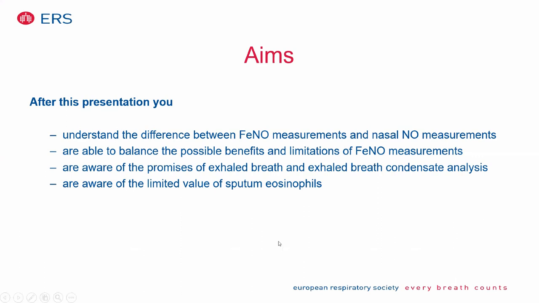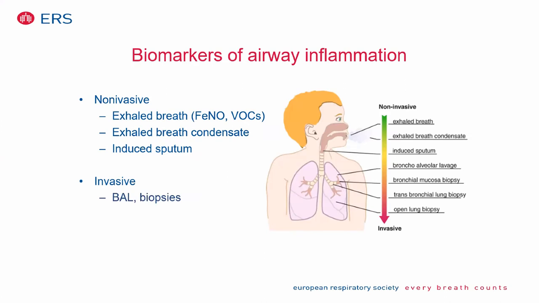I hope that after this presentation, you will especially remember the differences between FeNO measurements and nasal nitric oxide measurements, and that you know what the applications of FeNO measurements are. I would just very briefly tell something about exhaled breath condensate and also sputum eosinophils, because in everyday clinical practice, this is not something that you will probably use.